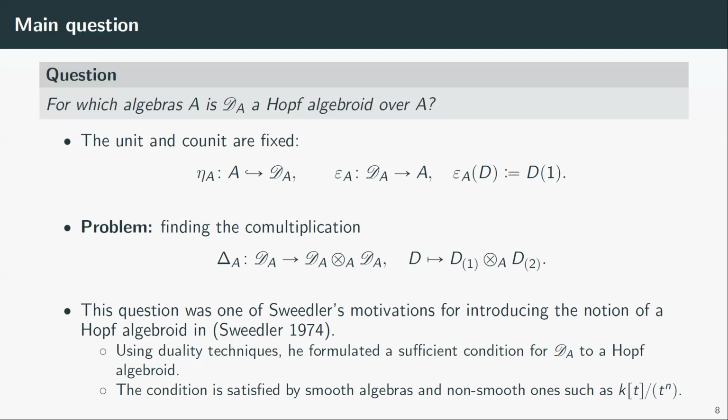So what happens in general? He used duality techniques to formulate a sufficient condition for which we have a co-multiplication. And this condition is satisfied by smooth algebras and by non-smooth algebras which are similar to the truncated polynomials.